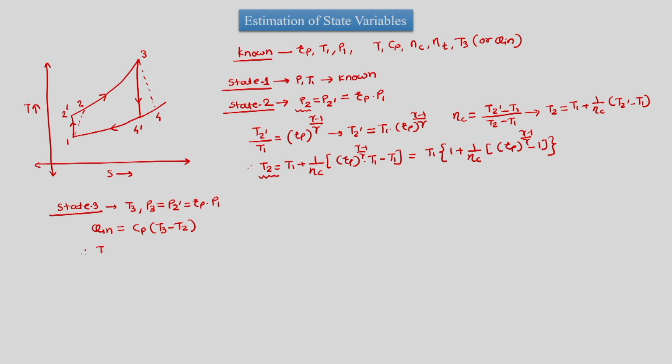So we can find T3 as T2 plus Q in upon Cp. So this is how we would find the temperature at the exit of the combustor. Now let us derive the expression for properties at state 4.